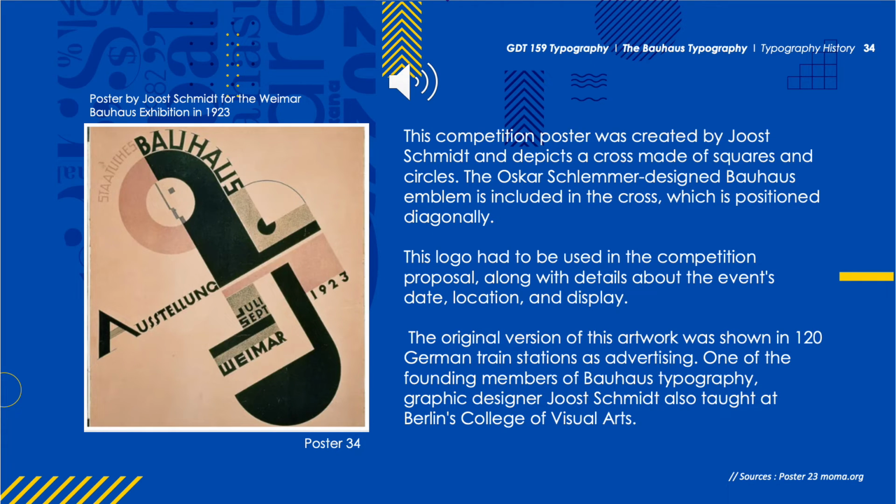The original version of this artwork was shown on 120 German train stations as advertising. One of the founding members of Bauhaus Typography, graphic designer John Smith, also taught at Berlin College of Visual Arts.